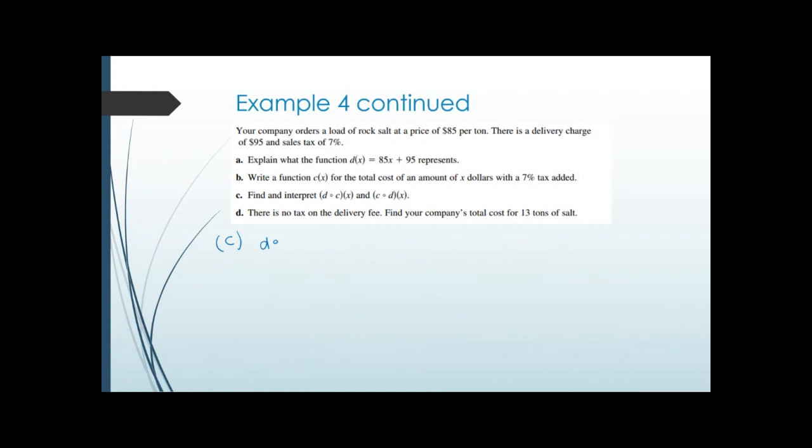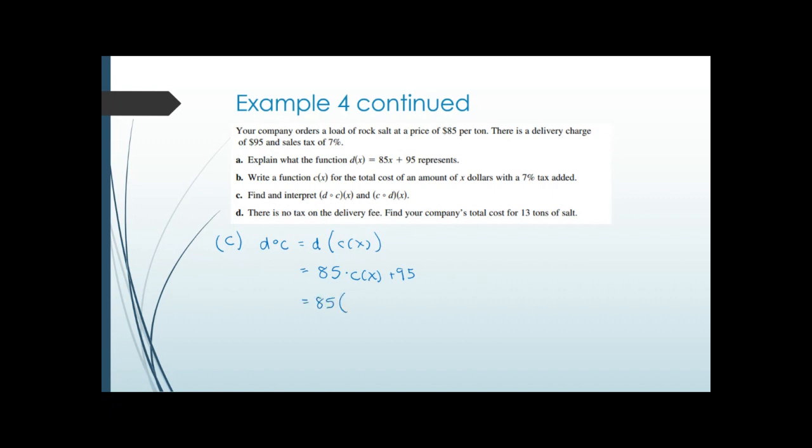So let's start with D compose C. That means you're taking D and you're plugging in C of x. So that means we have 85 times c of x plus 95, because instead of 85x, I'm replacing that with c of x.